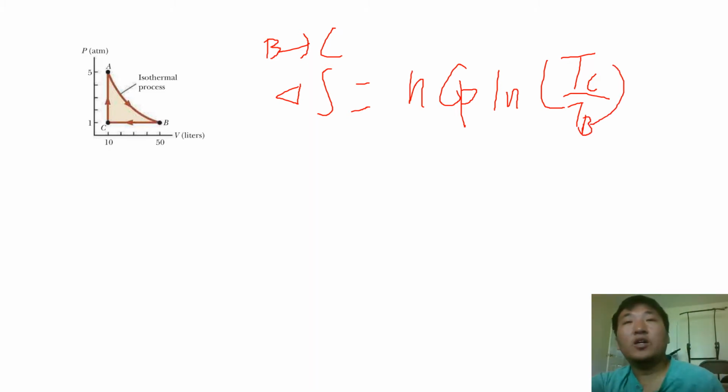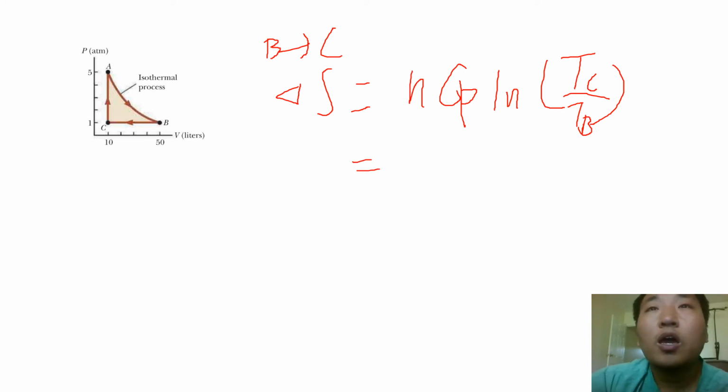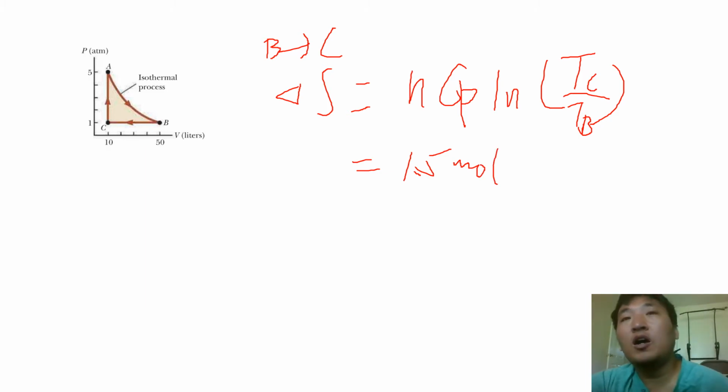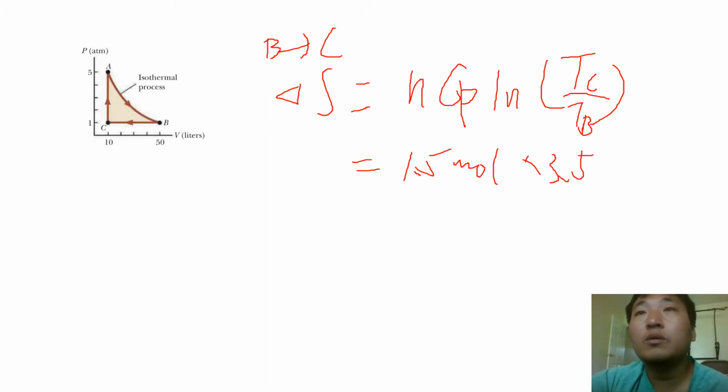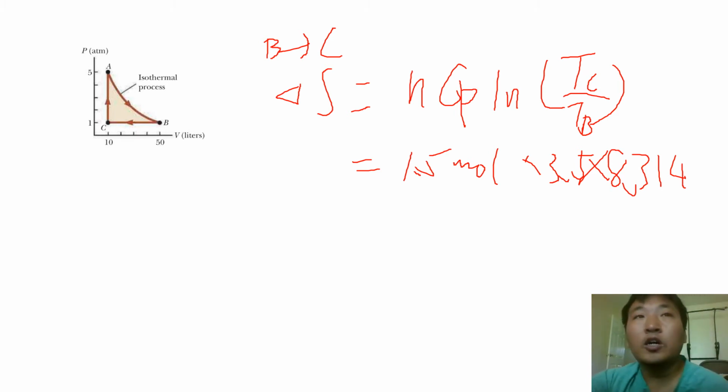So n is 1.5 mole, and Cp is 3.5 R, because it's diatomic. R equals 8.314, and the temperature change in here is literally the change of the volume.